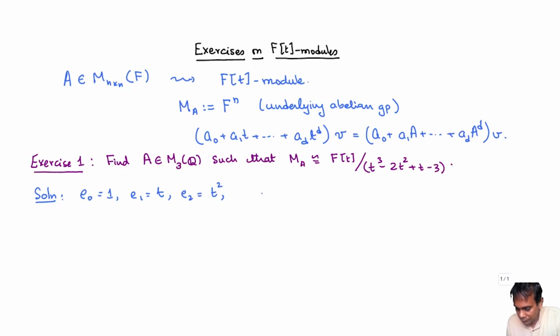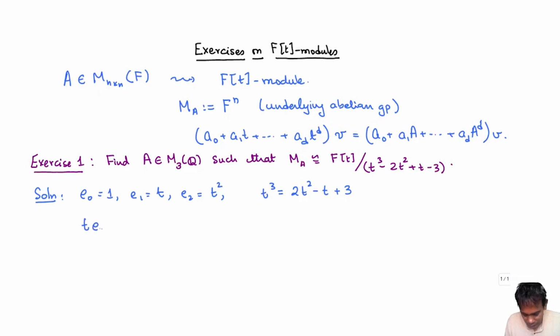And then t cubed is 2t squared minus t plus 3, because t cubed minus 2t squared plus t minus 3 is 0 in this module. So this is no longer independent of E0, E1 and E2. So E0, E1 and E2 form a basis of this module. And so let's figure out how t acts on this.